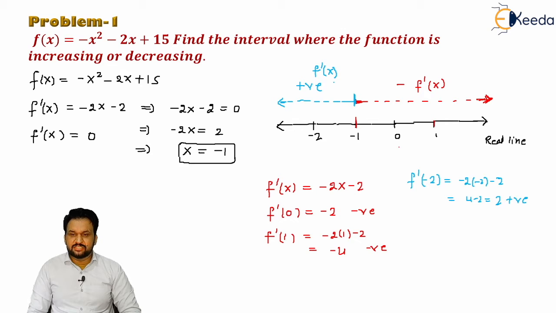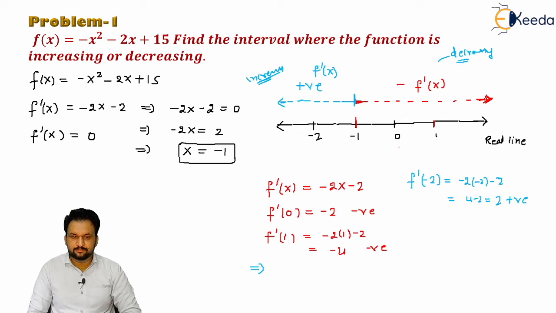So if f dash x is positive here, it means this part is giving you an increasing function. So here the function will increase, and at this part the function will decrease. If you get a negative, the function will be decreasing, and here your function will be increasing. So here I got an interval.